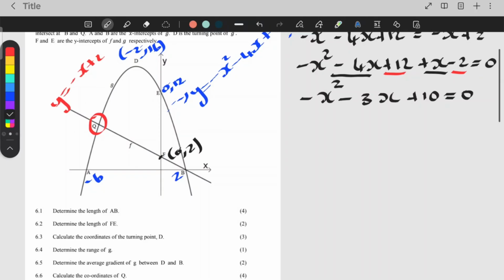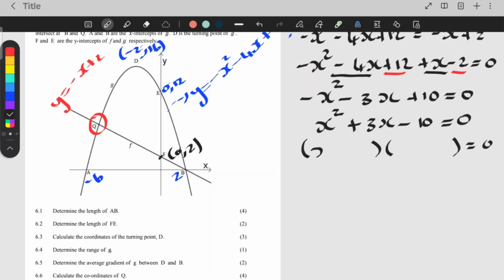Okay, I'm changing all the signs. Since there's an equal sign, I can change it. So positive, positive, negative. And now you can use the formula or you can factorize. I'm going to factorize. So I get 5 and 2, a plus and a minus. I get my x to be negative 5 or x is a positive 2.